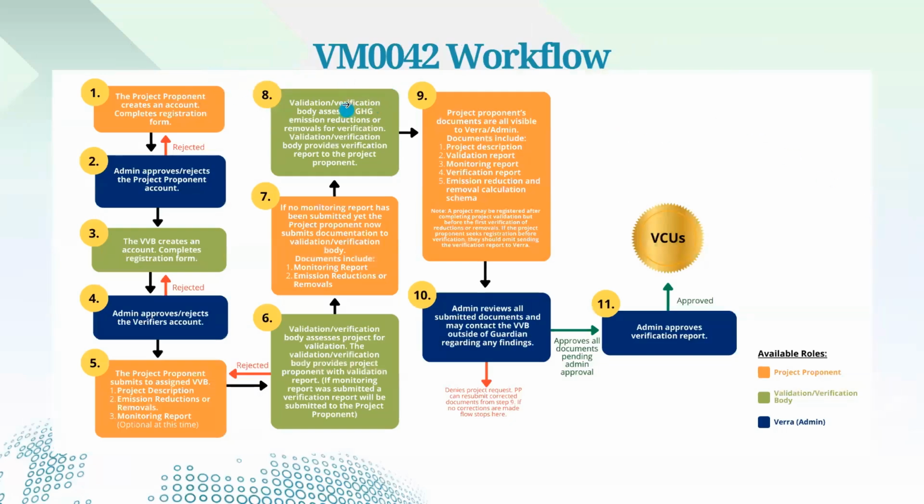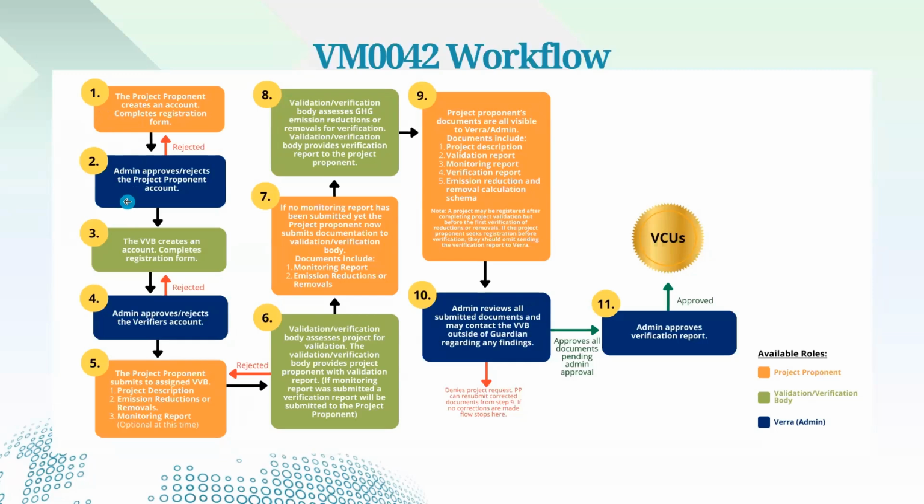Here we have the VM42 workflow, and this is what I was mentioning when I say that you can use something like PowerPoint or anything to create an image to outline what is the expected flow that you want in this policy, what are the different actors, ultimately to get to the credit issuance. So the first step that we've put into this policy is creating roles, and this means that you can create a role as a project proponent and complete a registration form.